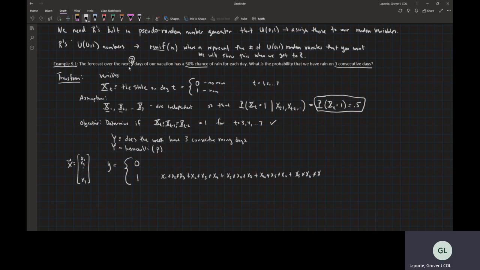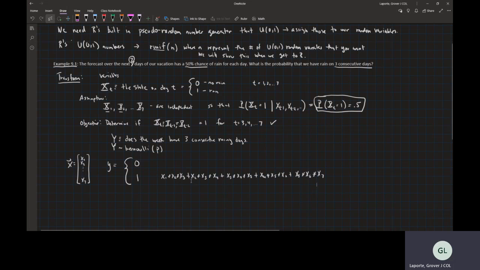I'm putting together all of the ones that can be right beside each other: x1 through x3, x2 through x4, x3 through x5, x4 through x6, x5 through x7. If any of those is greater than 0, in other words, there were 3 in a row that have 1s in them, then that whole thing is going to be 1.